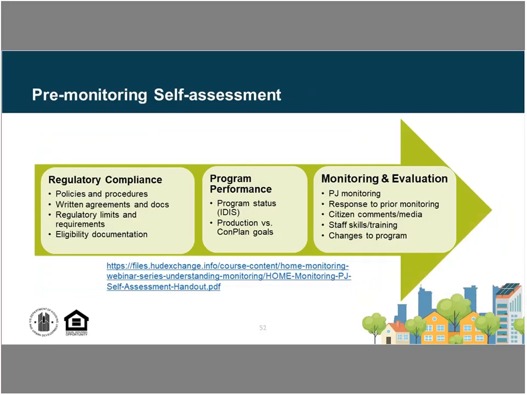So in the pre-monitoring self-assessment, steps on the regulatory end of things: looking at your policies and procedures, how you're making decisions to make sure that your projects are going to be in compliance, following that paper trail of all of that being captured within written agreements, making sure that the documents are in place. And then thinking about the regulatory limits.